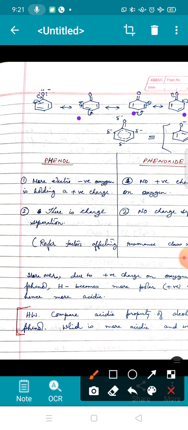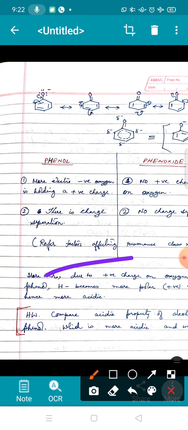And according to the conditions of resonance, the structure without charge separation is more stable than the structure with charge separation. Second point is, according to the conditions of resonance, you know that a more electronegative element should hold the negative charge and a more electropositive element should hold the positive charge.